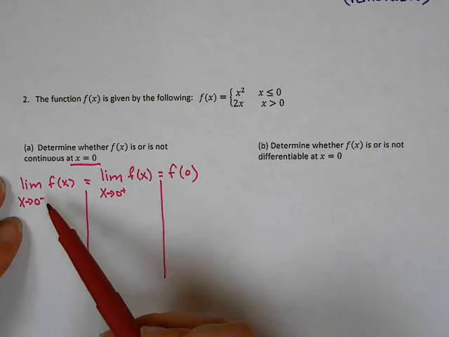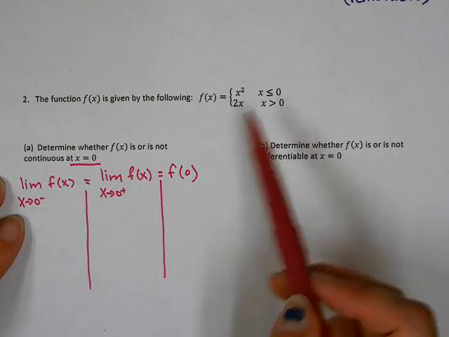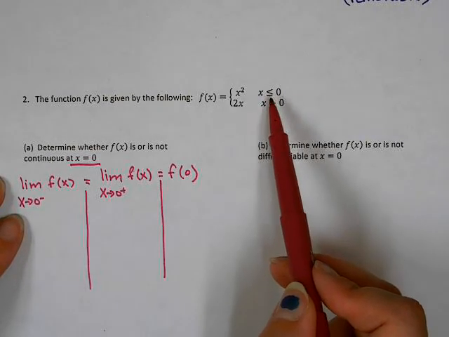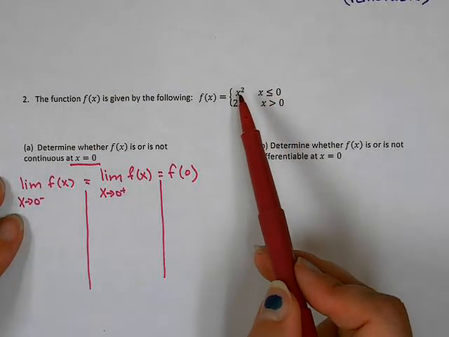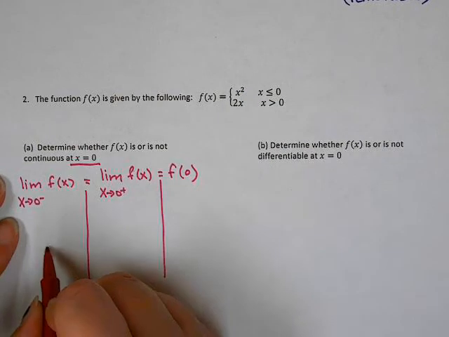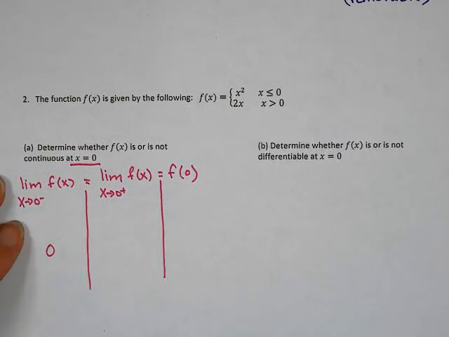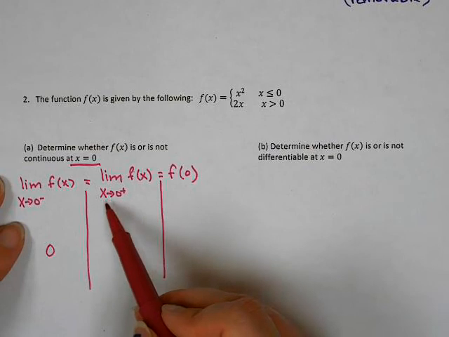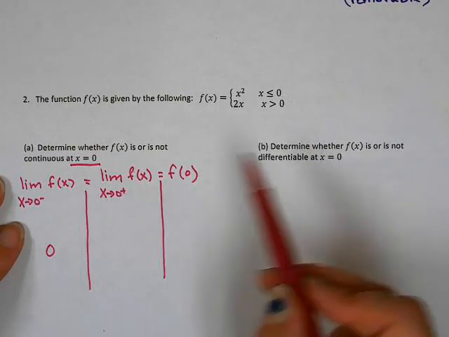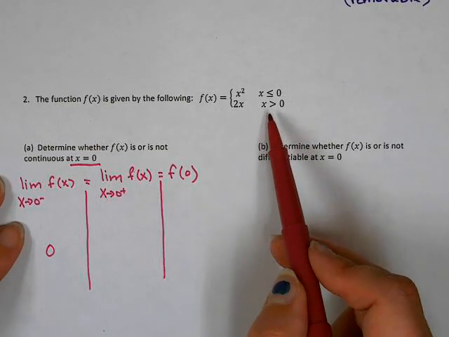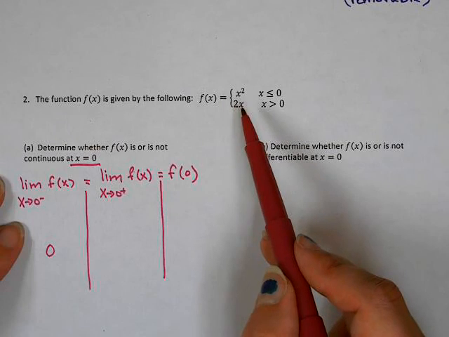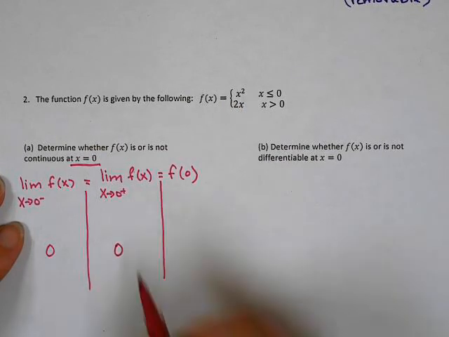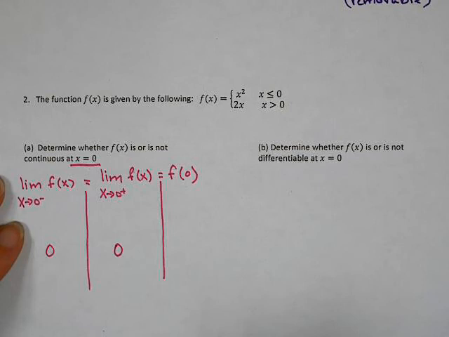All right, so limit as x approaches 0 from the left means we're looking at x as less than or equal to 0. So x squared, which means the limit from the left is equal to 0. The limit as x approaches 0 from the right means we're greater than 0, so we're plugging it into 2x. So in this case, that limit is also 0.